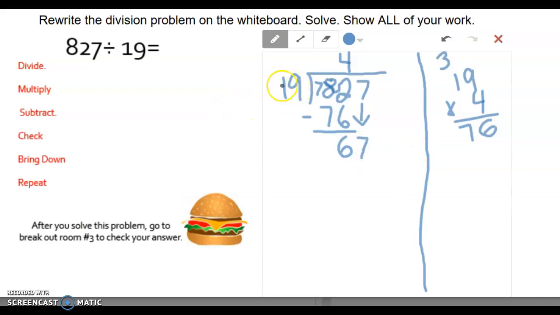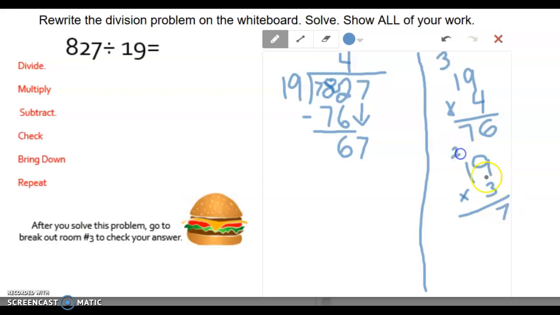Okay, so now 19 into 67. How many times can I do that? Well, over here, when we did our 19 times 4, I got 76. That's too much. So let me try 19 times 3. Let's do that. Okay. All right, 9 times 3 is 27.